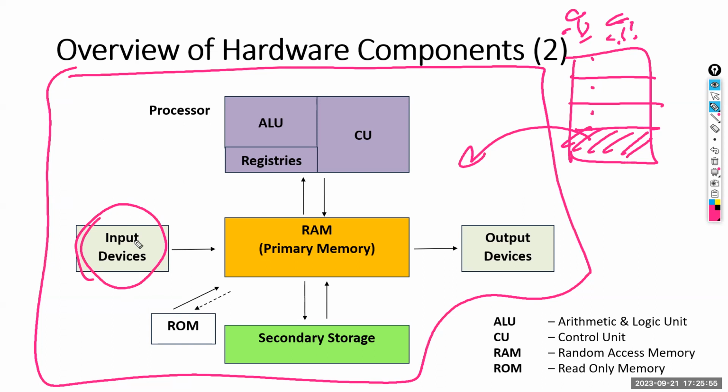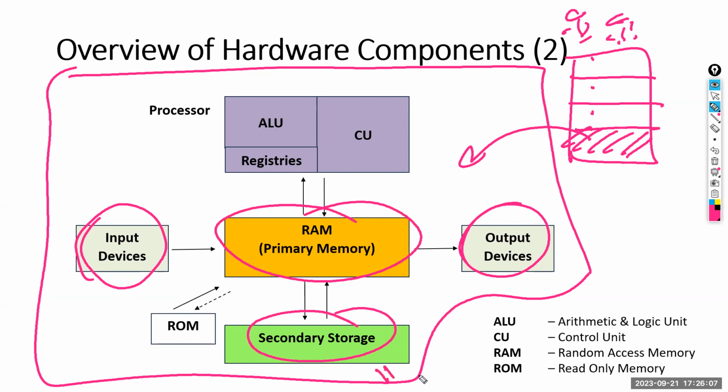Input devices, output devices, storage devices, which include RAM, secondary storage, and if you want, even tertiary storage. Here we also have storage devices, registers. And this is also a storage device, ROM.